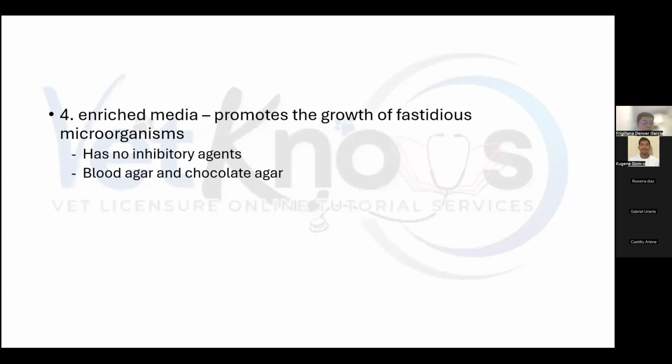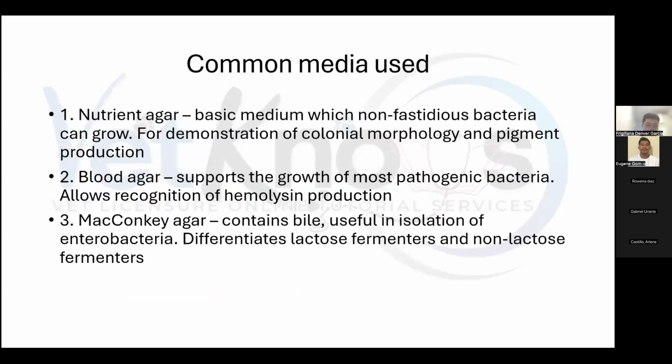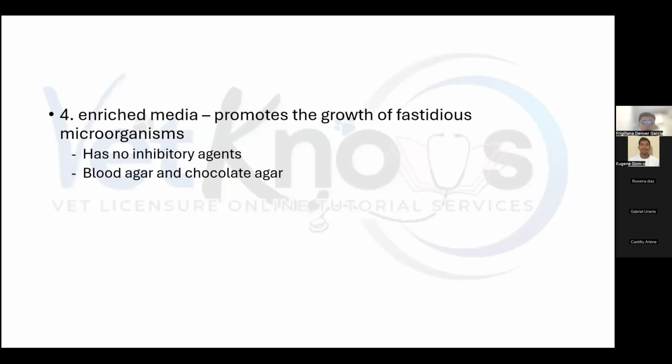Then enriched media. Enriched media, usually this is not highly selective, although selective siya since yung nag-grow lang niya yung mga nagre-require ng blood. This has no inhibitory agents, and examples would be blood agar and chocolate agar.